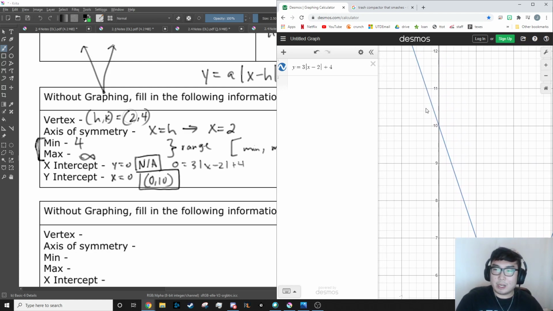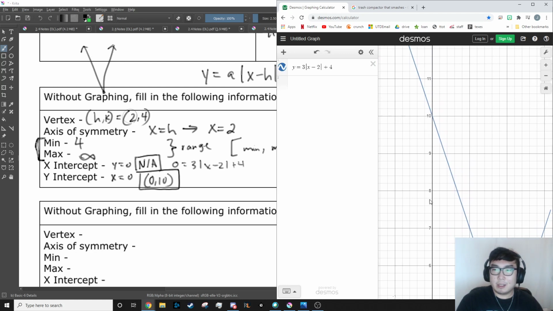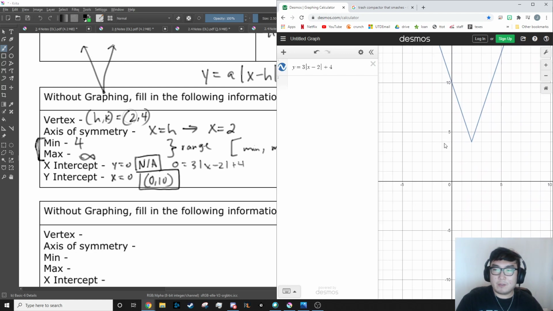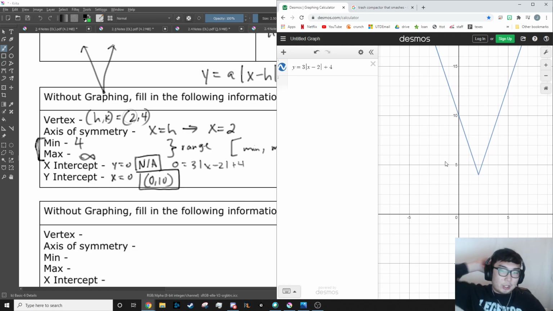So let's look at our y-intercept, which is here. Nice. 0, 10, I got that right. But how come I don't have an x-intercept? The reason why is because my graph went upwards away from the x-axis. So my graph actually never touches the x-axis, and that's perfectly fine. And that's why no answer is an acceptable answer.